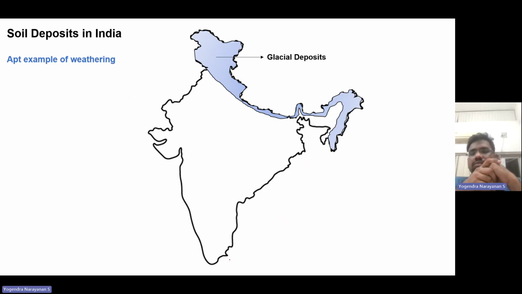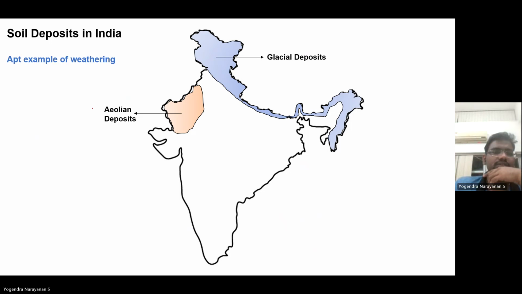And one of the major aspects is gravity, which is caused due to avalanche. These soils might get transported, leading to the transported deposits. And second is aeolian deposits, which is terminology for wind deposited soil, wind deposits.